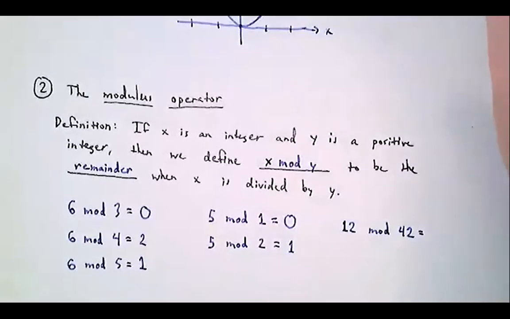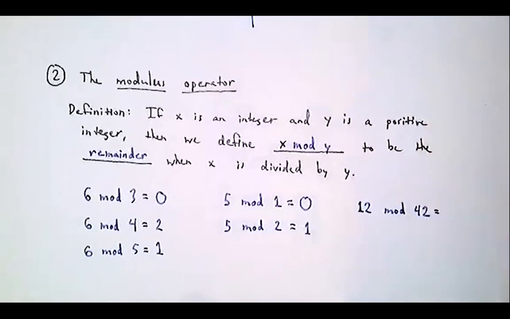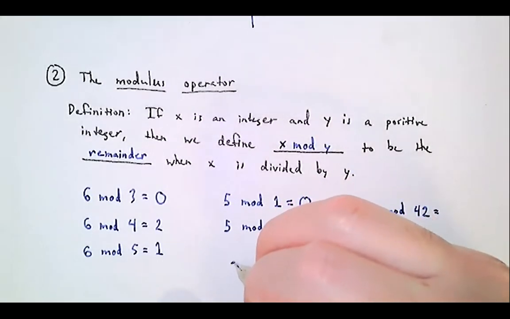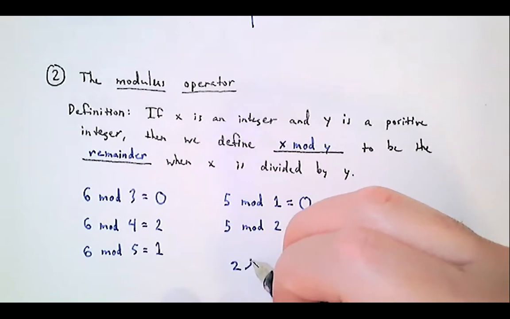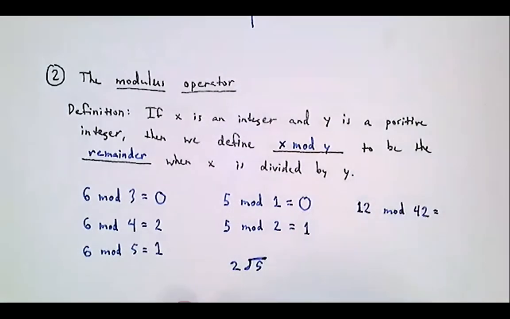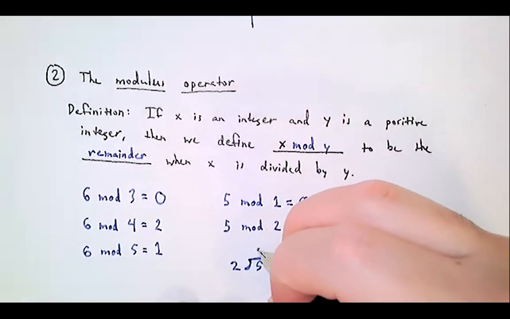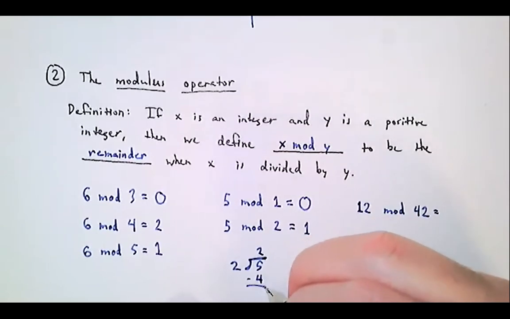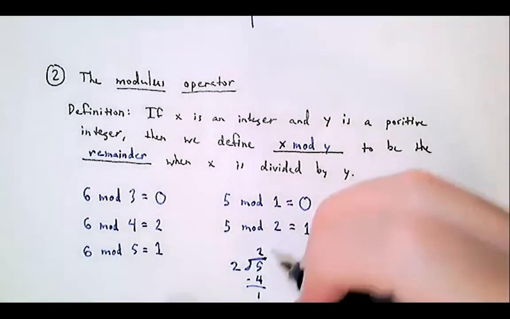Okay, so if we wanted to use division notation, we could just pick one of these, like 5 modulo 2. So what we're thinking about is we're dividing 5 by 2 using this elementary school notation. We know that it goes in twice. So we would multiply and then subtract. 1 is left over.